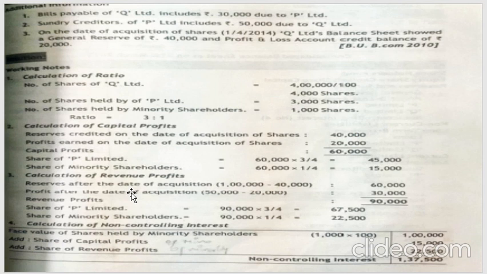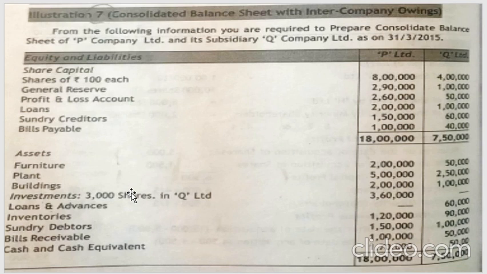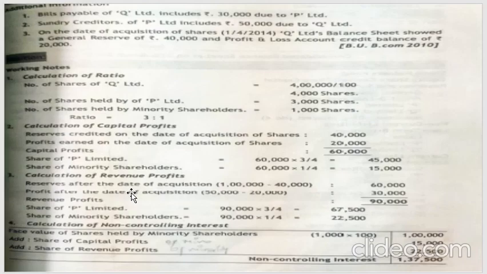Next step is calculation of capital profit. Reserves credited on the date of acquisition of shares. Now in this question you have general reserves and profit and loss account for Q Limited, that is 1,00,000 and 50,000. And in the adjustment, the third point states that on the date of acquisition of shares, 1st/4/2014, Q Limited's balance sheet showed a general reserve of 40,000 and profit and loss account credit balance of 20,000.